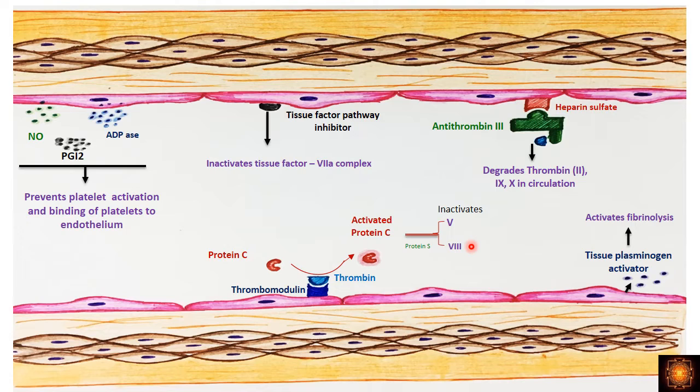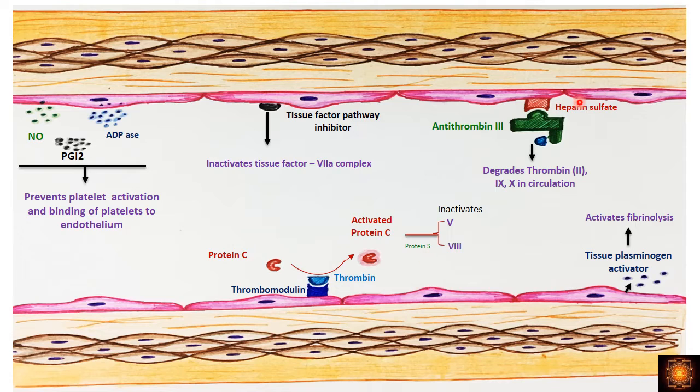Usually all these clotting factors are produced by the liver and released in the circulation. So all these factors should be present in the inactive form so that clotting doesn't occur. So the endothelial cells produce certain substances or express certain molecules which inactivate these clotting factors. Protein C inactivates factor 5 and factor 8 along with protein S.